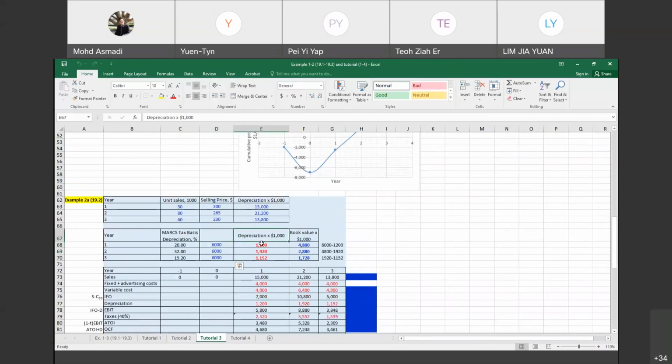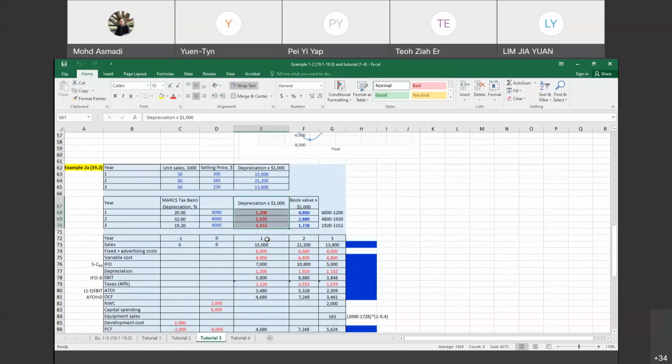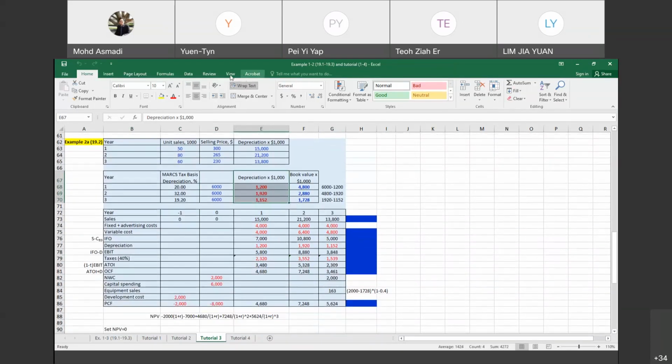So you have to calculate new depreciations, and then the book value also. If you look here, this is 1728. Previously it's only 800 something.